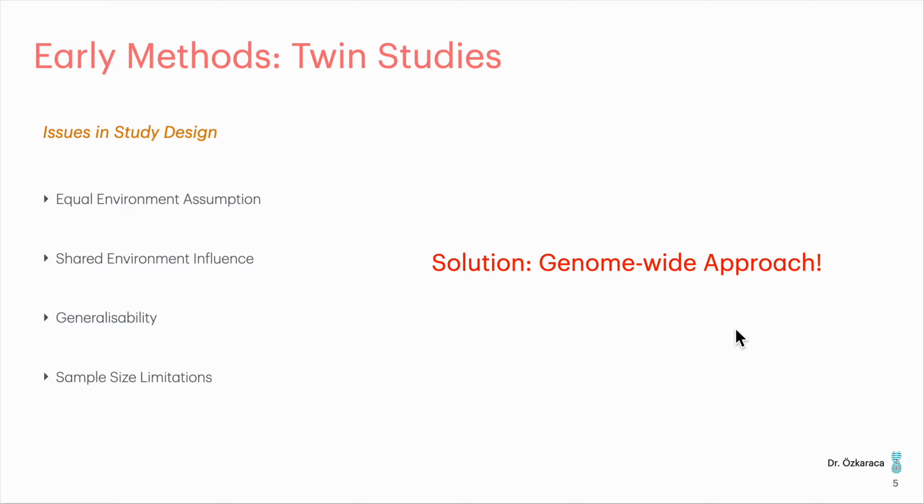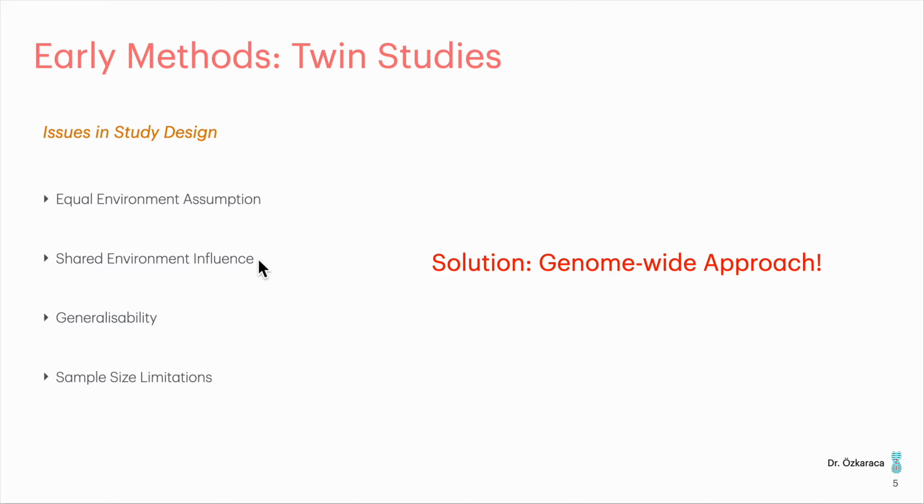Now, let's discuss some key issues in the design of heritability studies in twins. First, we have the assumption of equal environment. We assume that identical and fraternal twins experience the same or nearly the same environments, which may not always be true.